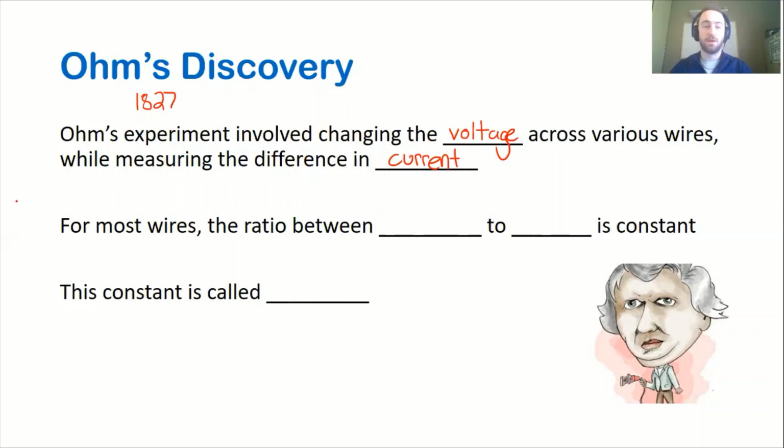And what he found was that for most wires, the ratio between voltage to current is constant. And what he called this constant, well, he called it resistance.